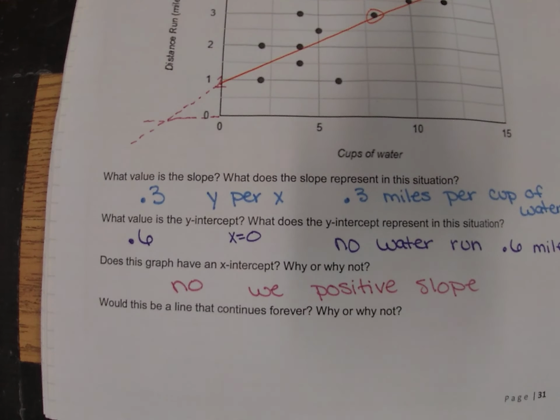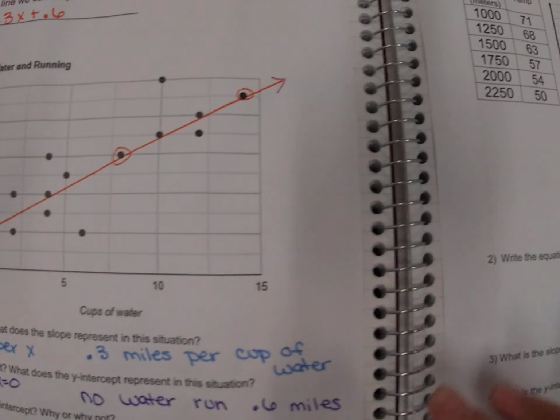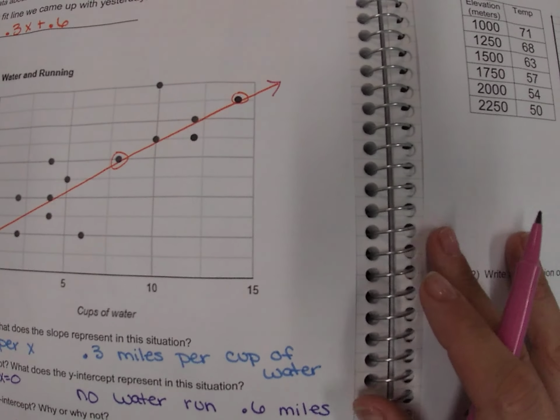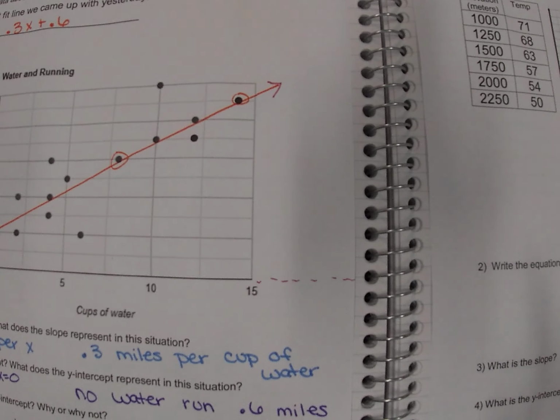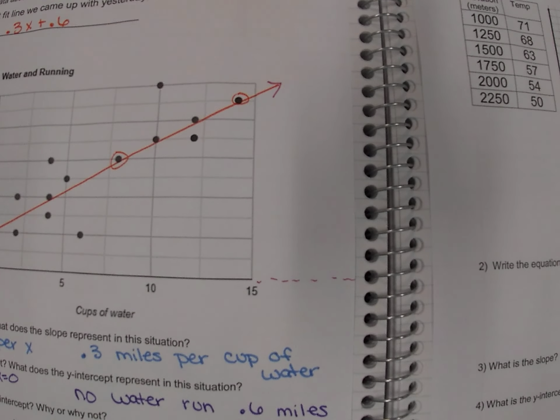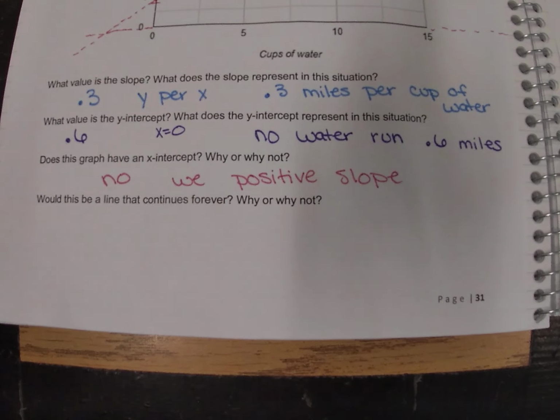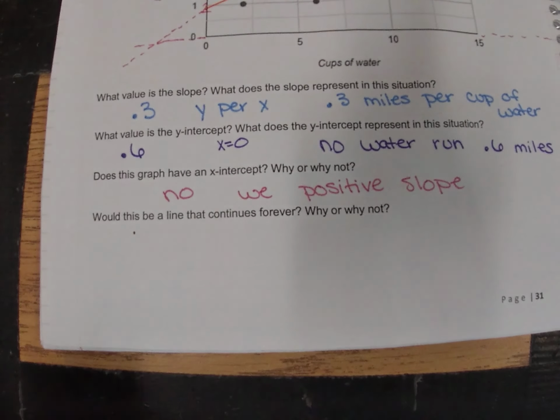We can't consider negative. What happens if we drink 16 cups of water? That's fine. But if we keep going, what happens if we drink 50 cups of water, 100 cups of water? Well, that doesn't make sense because then we're going outside of our reasonable domain, right? This doesn't go on forever.